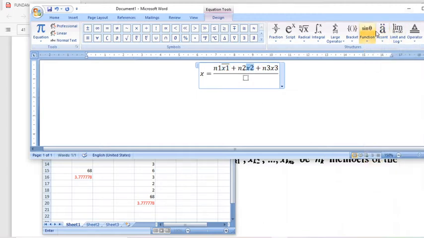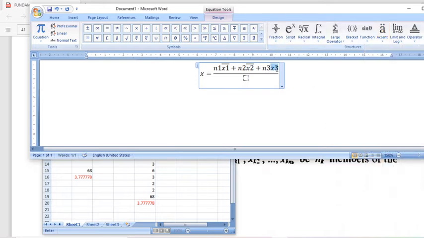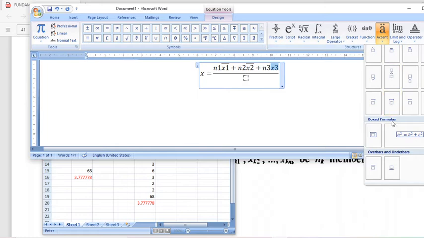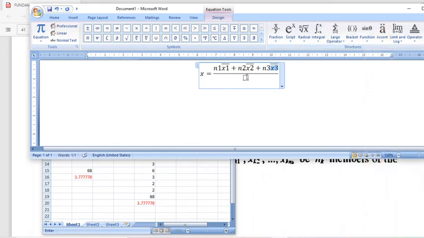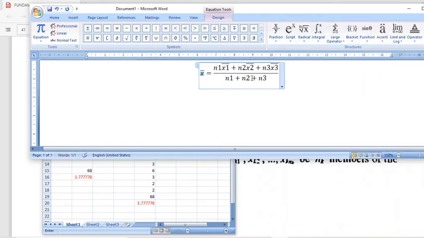Are you clear with this formulation? This is divided by n1 plus n2 plus n3. So we have obtained the combined mean using this formula.